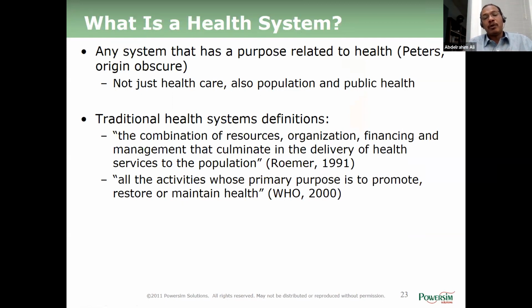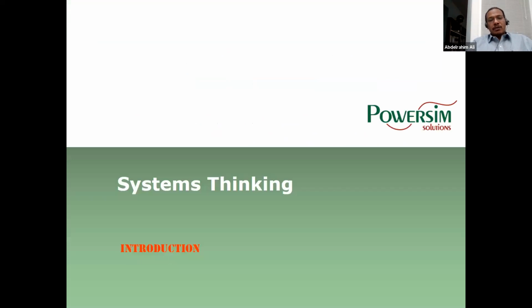And also, WHO has another definition that is all activities whose primary purpose is to promote, restore or maintain health. So by this definition, we have a very broad system when we think about health systems. So this is the first part about systems thinking and the health system.